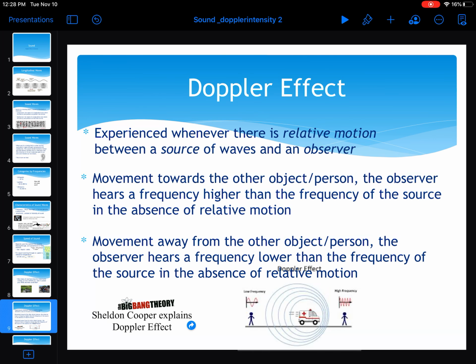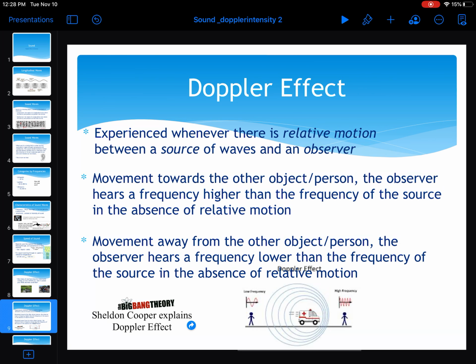So if my object is moving towards the observer, whoever is listening to the sound, you can see from the image here, my ambulance is the object creating the sound. If it is moving towards the observer, then because of the object's motion, those sound waves up at the front end up getting stacked up on each other.